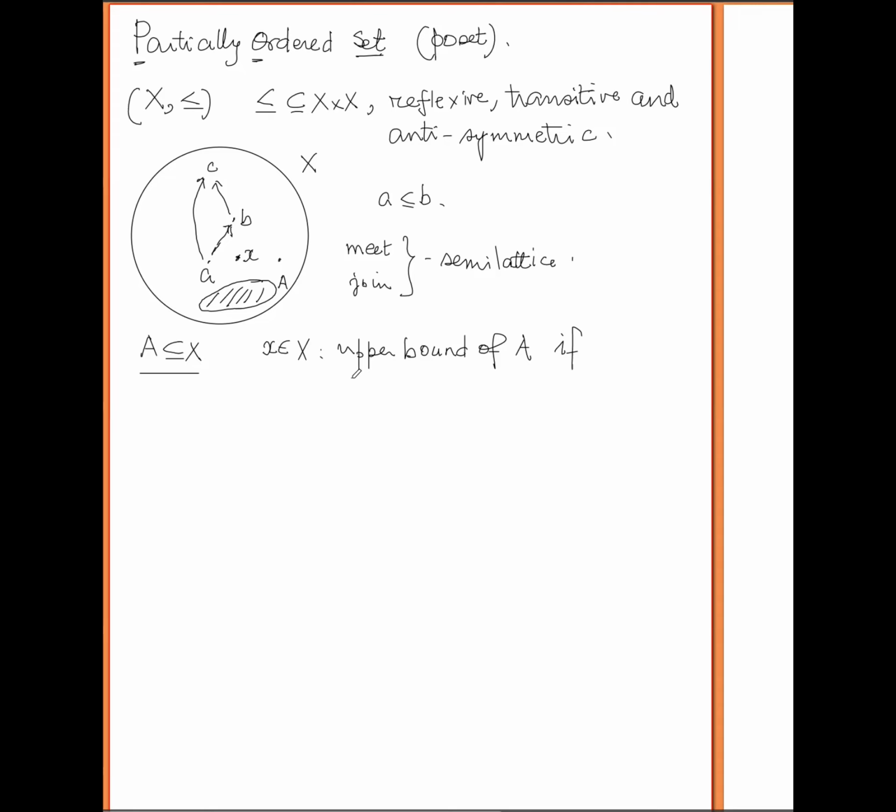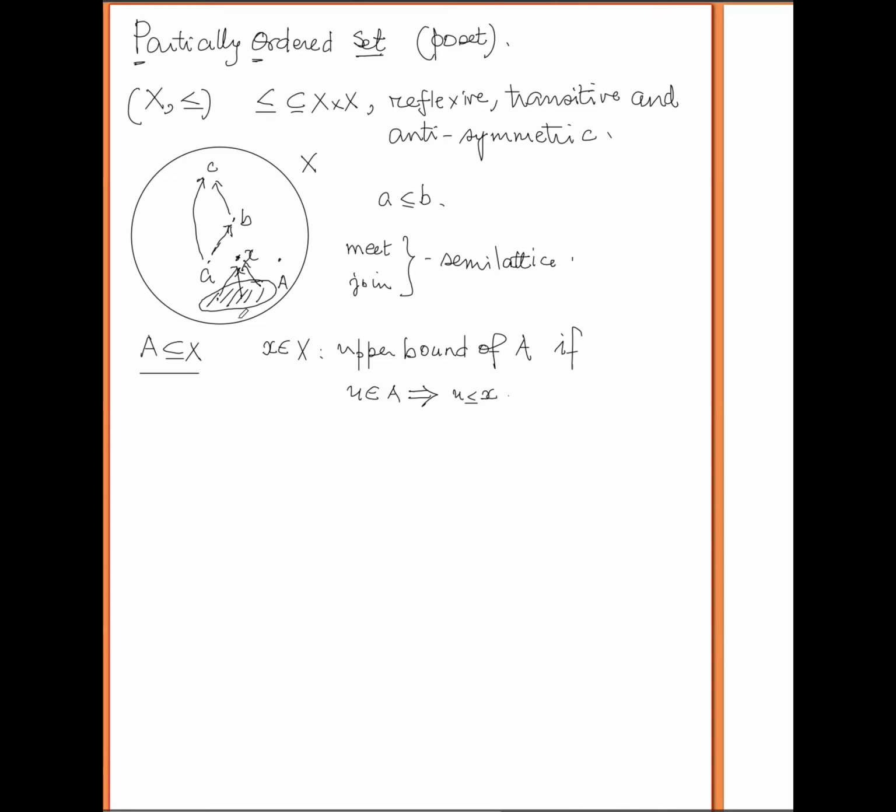Okay, so let's give a try. It means that X is larger than every member of A. So whenever I take a member U from A, U is less than or equal to X. So the picture is like this. Whatever you might take, it is something like this, right?